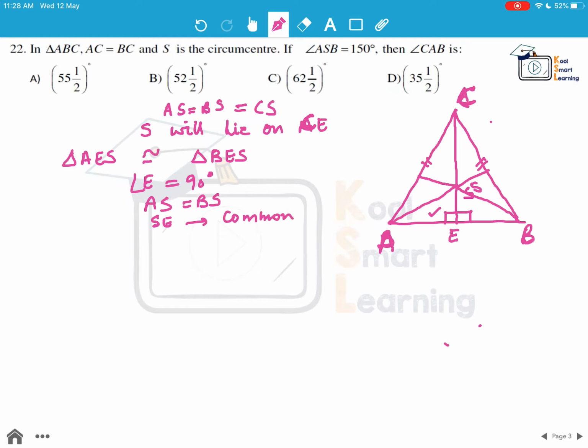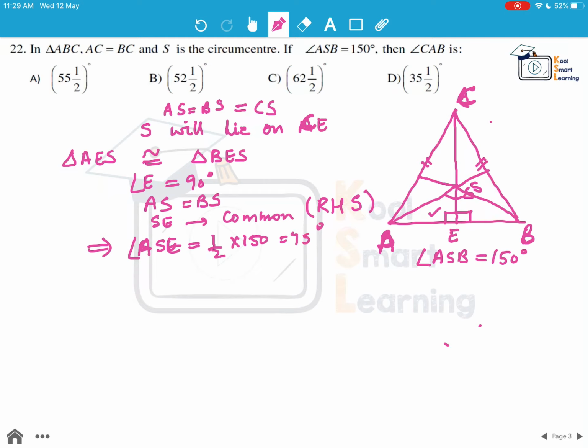So triangle AES and triangle BES are congruent by the rule RHS. So this would imply, now here we know that angle ASB is given to be 150 degree. This angle is given to be 150 degree. Right? So we can say that angle ASE will be equal to half of 150, which means it is 75 degree.